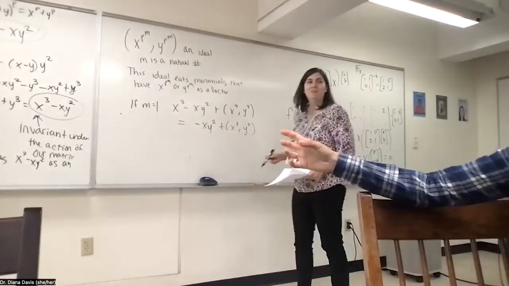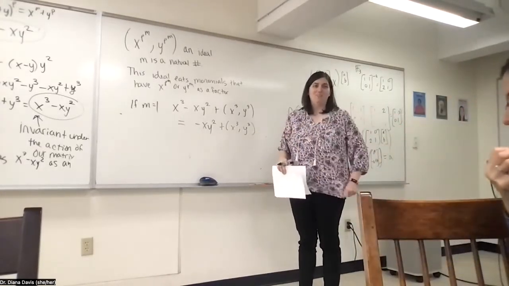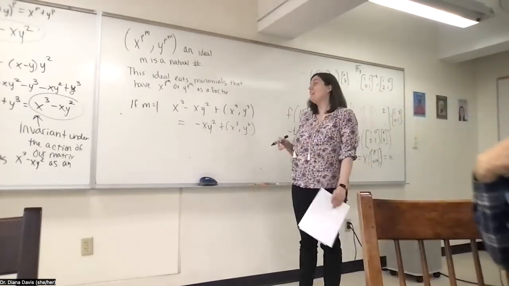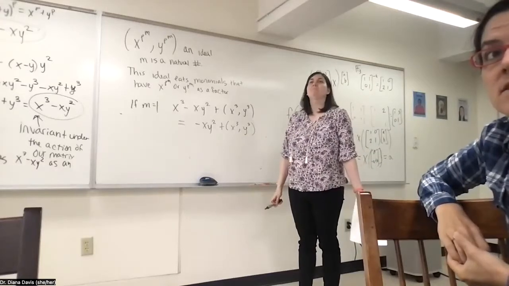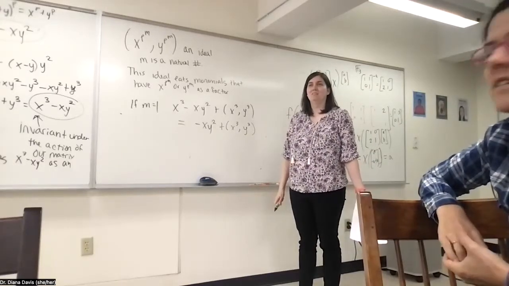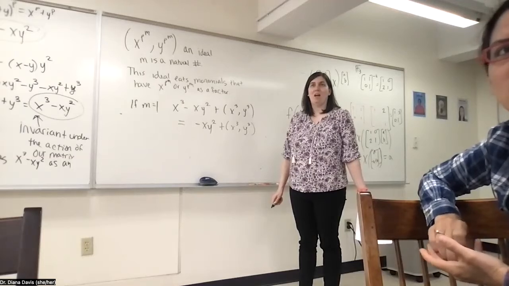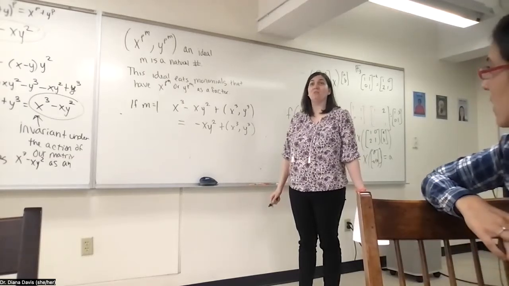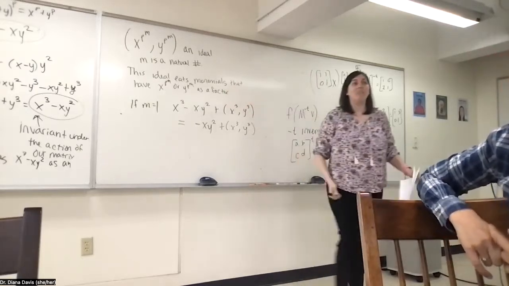This one's eating x cubed and y cubed, and anything that's a multiple of it as well. So x to the 6 also goes. Anything that has it as a factor. It's even stronger than the other version.